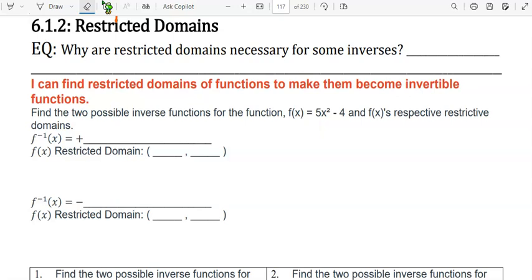So the first thing we want to do, instead of f of x, let's just write y. Y equals 5x squared minus 4. Switch the x and y positions.